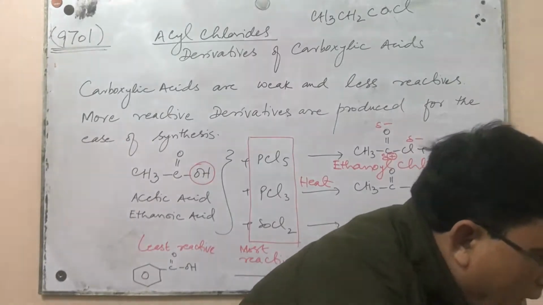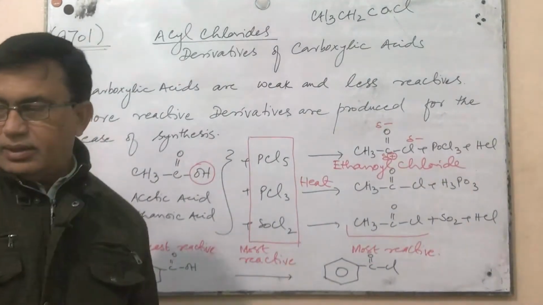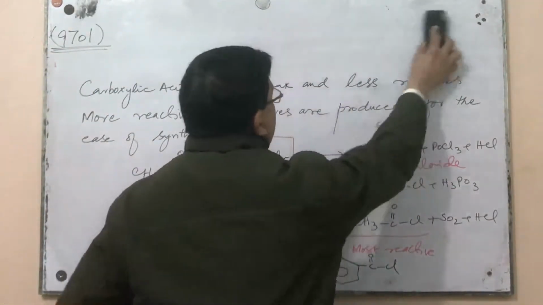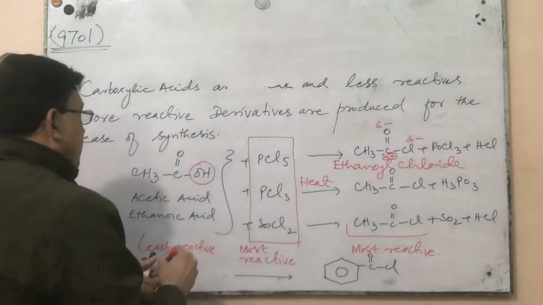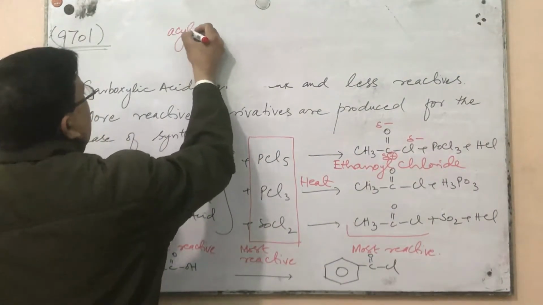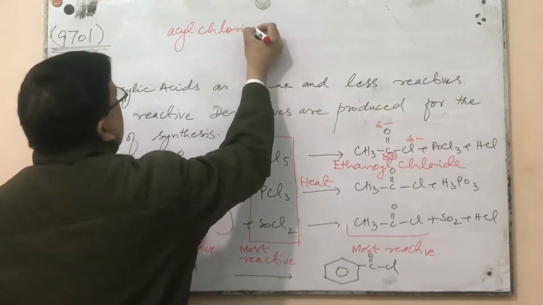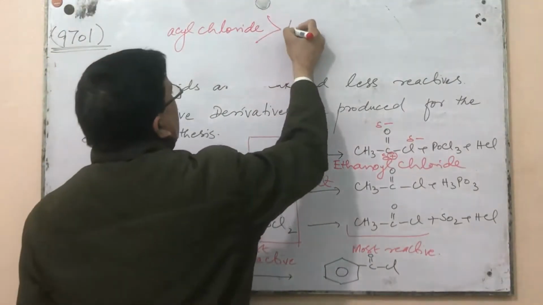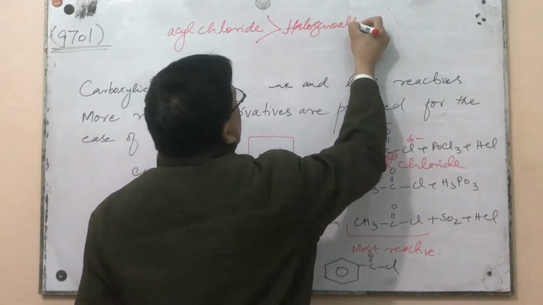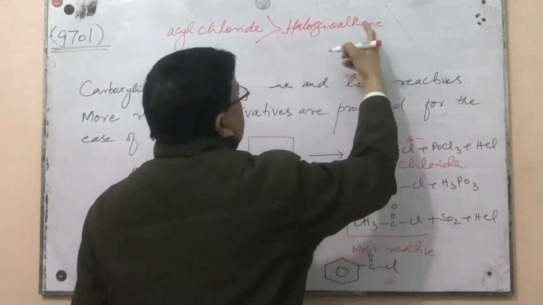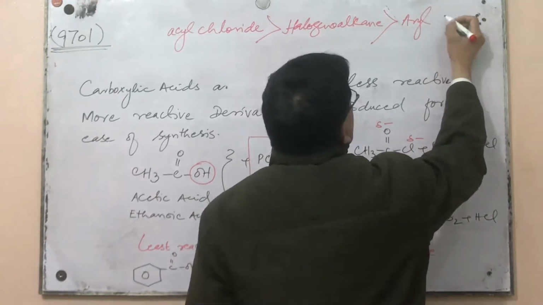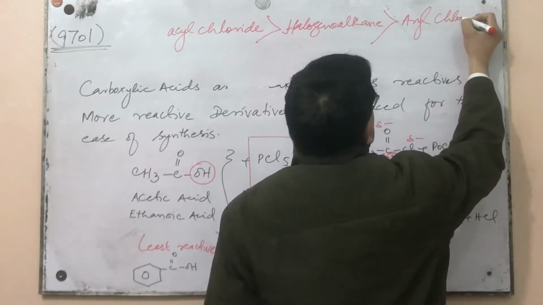Now, depending upon the reactivity, it is quite clear from this that the reactivity of acyl chloride is maximum, greater than halogenoalkanes, which are in turn more reactive than aryl chlorides.